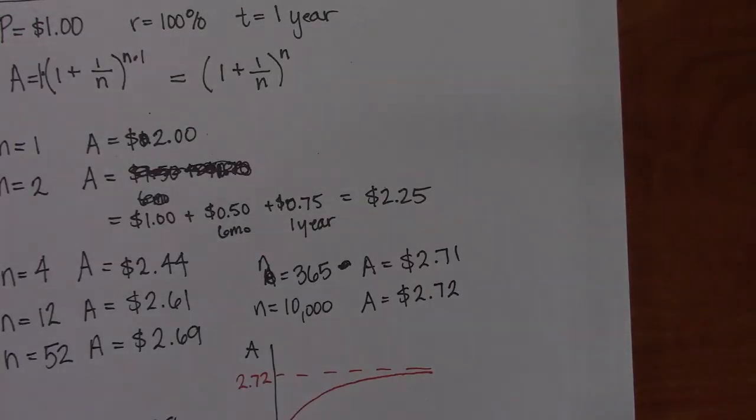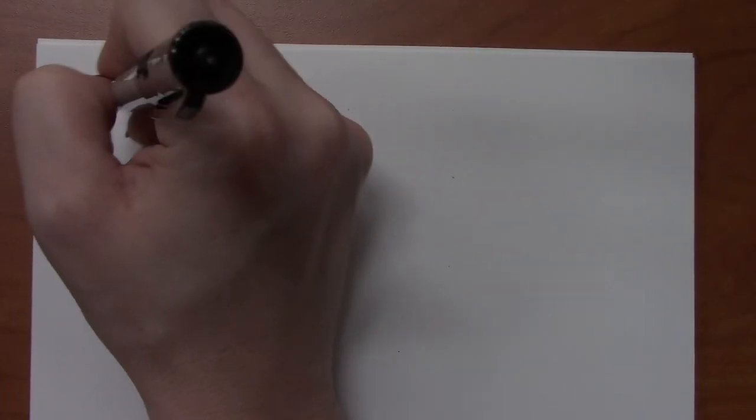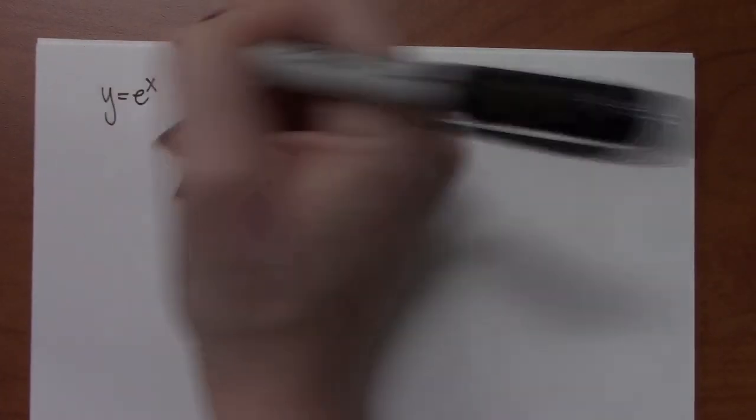So E is quite useful. We actually can have an exponential function e to the x. So now when you see that letter E, know it's just a number, right?